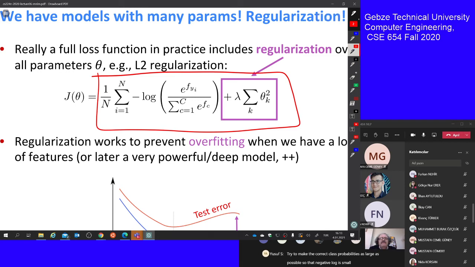And then, what is this? Take the square of each of the parameters and make them what?